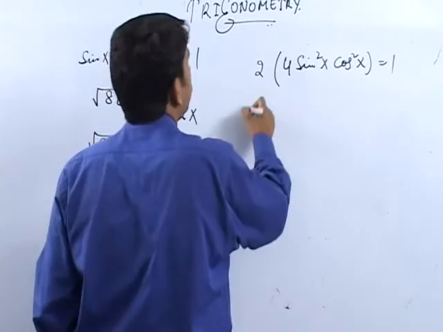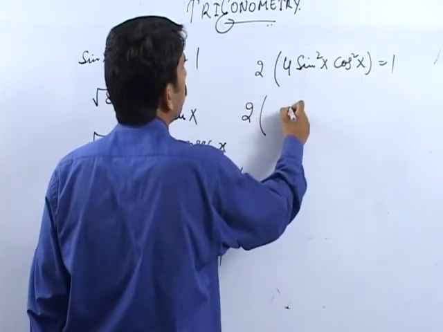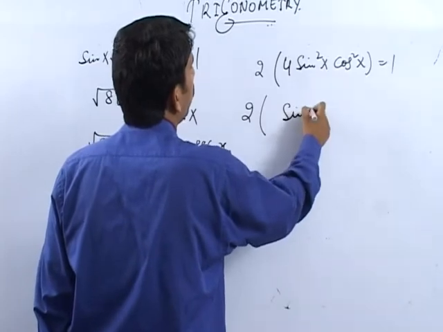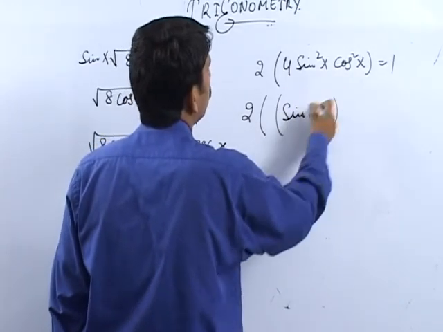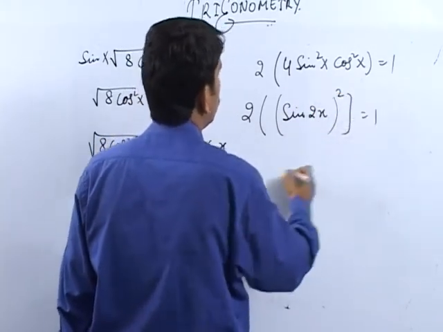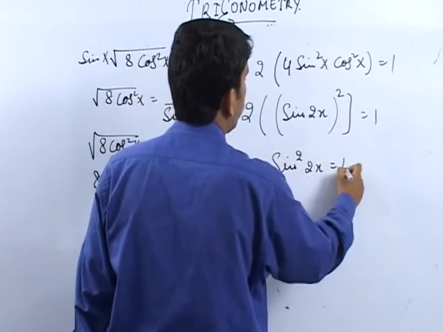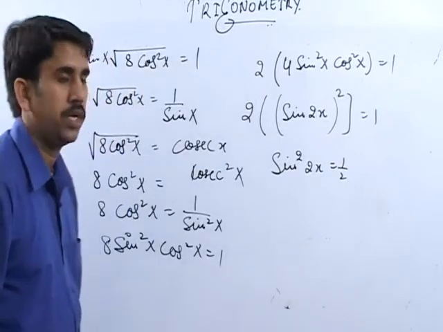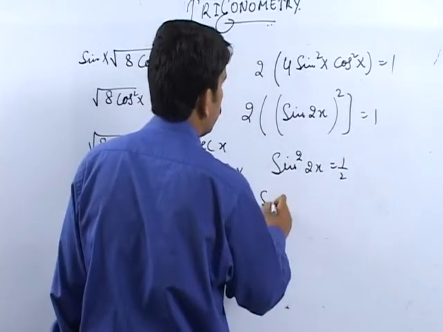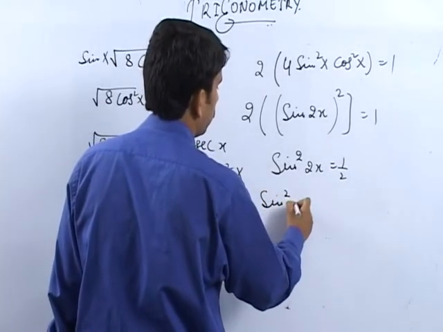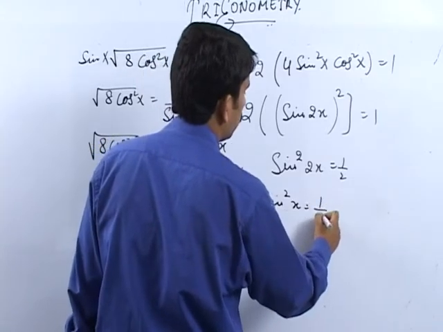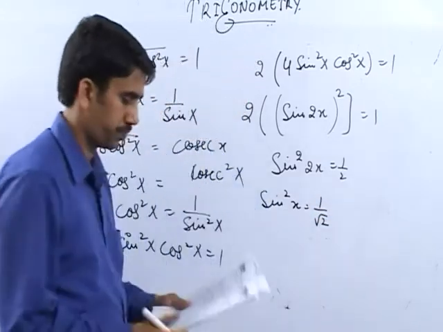and this will be twice of sin 2x the whole square is equal to 1, or sin square 2x is equal to 1 by 2, and here sin 2x will be equal to 1 by root 2.